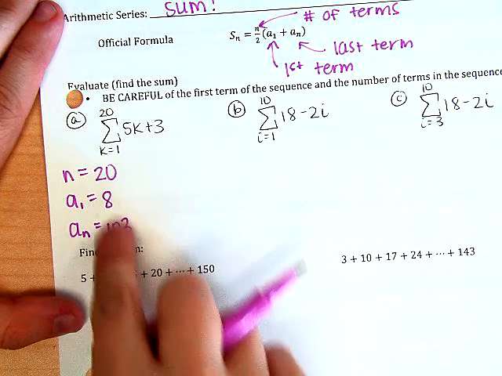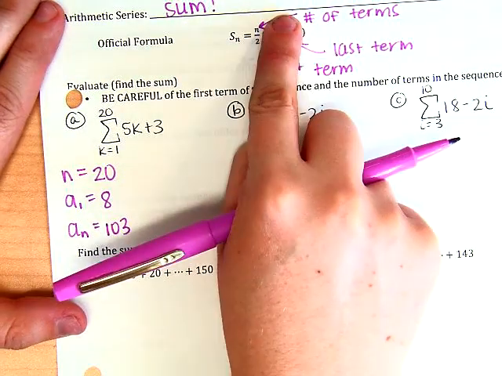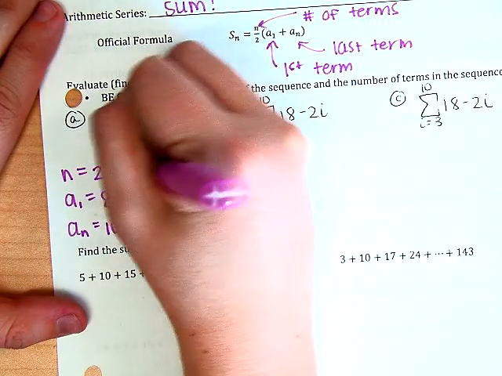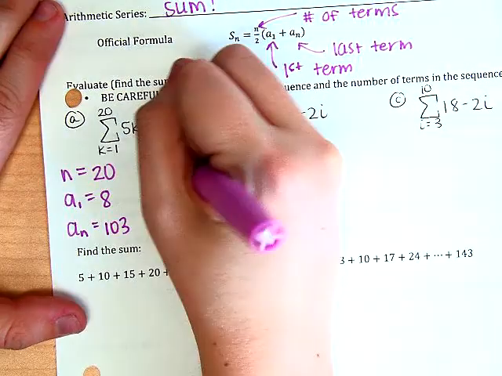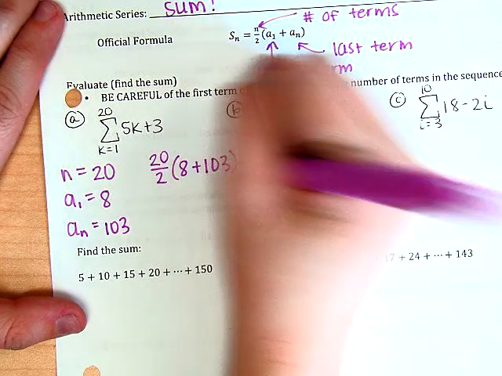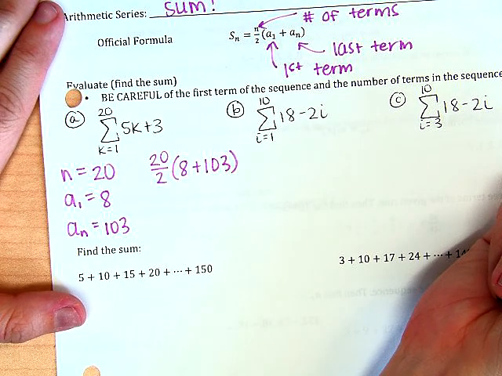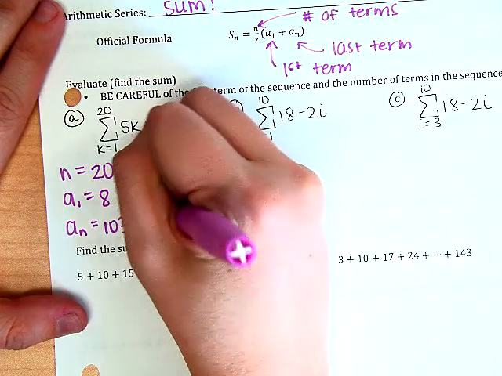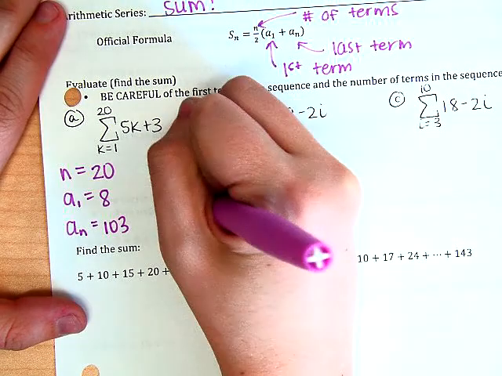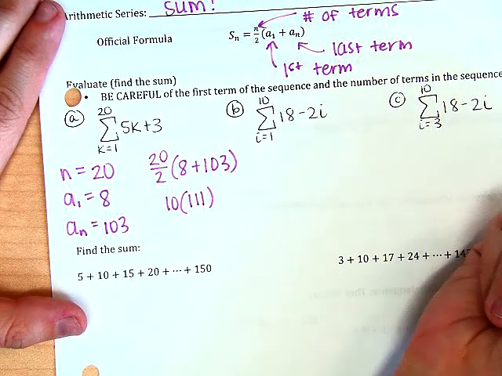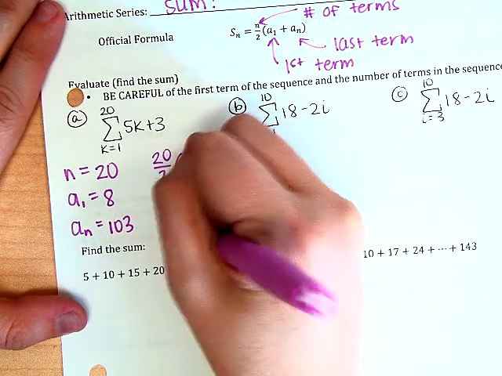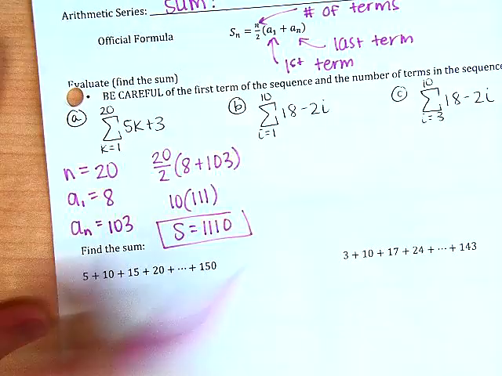Now I have those three things, I can plug them into this formula. Number of terms divided by 2, my first term plus my last term. So this is really 10 times 111. So my sum is 1110.